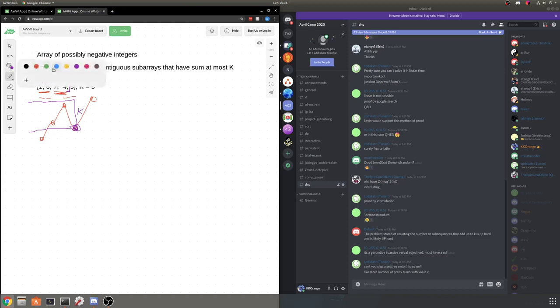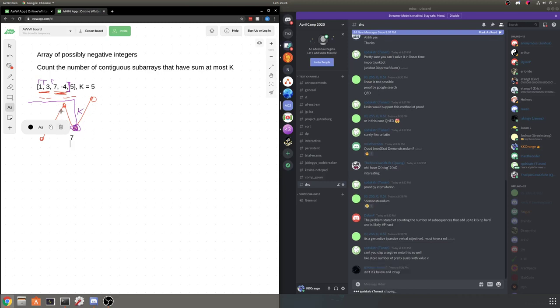Is that how that works? Let's see. So the value here is 7. And the value here is like, isn't it k below inf up? I think you're right.